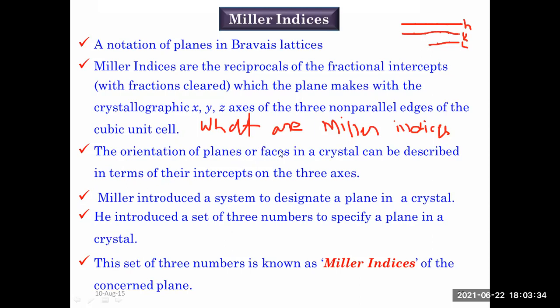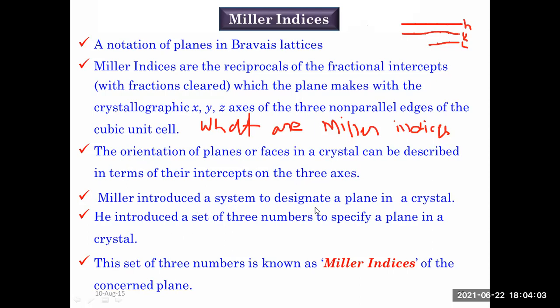These HKL planes are oriented in a particular direction, whether horizontal, vertical, or inclined, and that is explained by the term orientation.